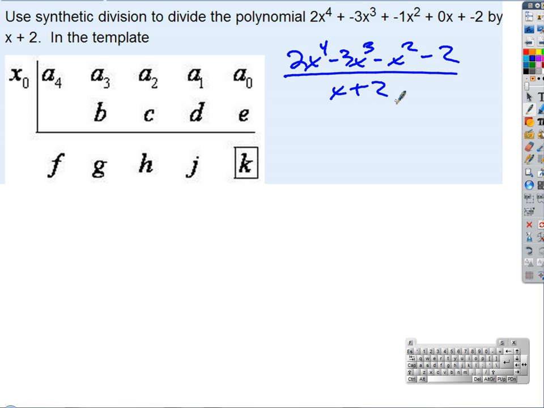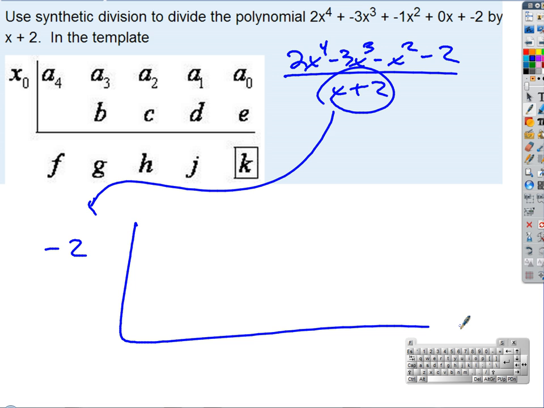That's the problem we're doing, right? So the 0 of the bottom is negative 2. If I set the bottom equal to 0 and solve, that's the number that makes the denominator equal 0. The coefficients, putting in all zeros, are 2, negative 3, negative 1, and 0.